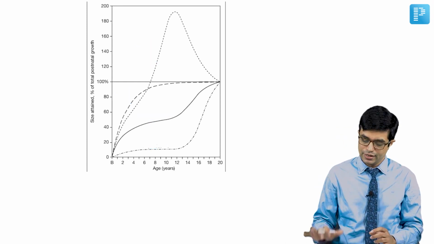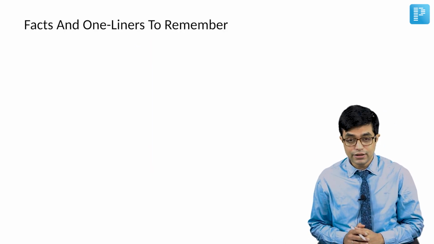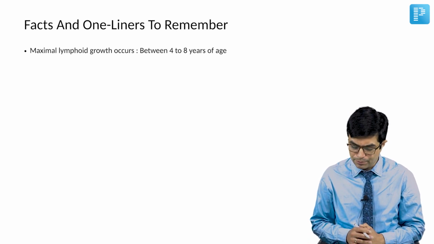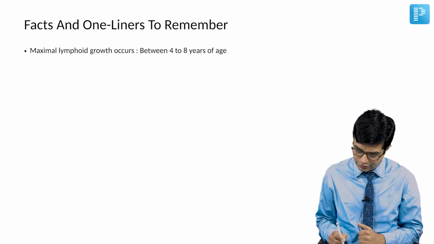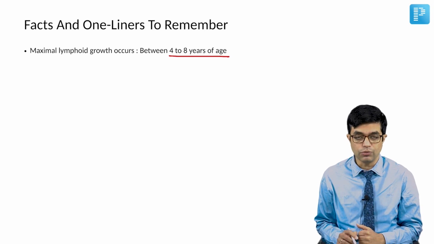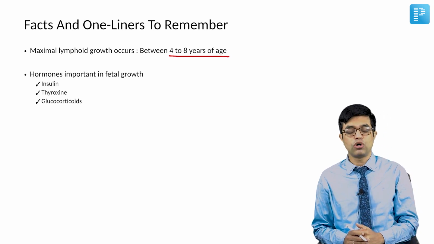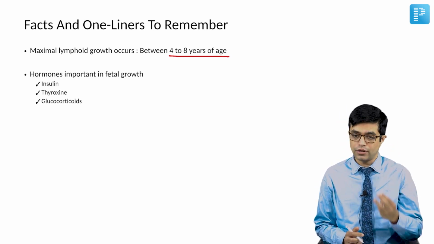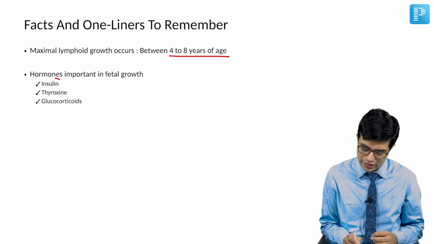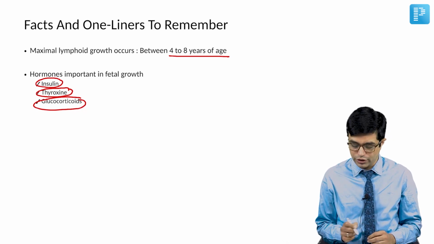Now, what are the facts and one-liners you need to remember? Maximal lymphoid growth occurs between 4 to 8 years of age, a potential MCQ one-liner. Hormones important in fetal growth: there are 3 hormones which are important for fetal growth. One is insulin, second is thyroxine, and third is glucocorticoids.